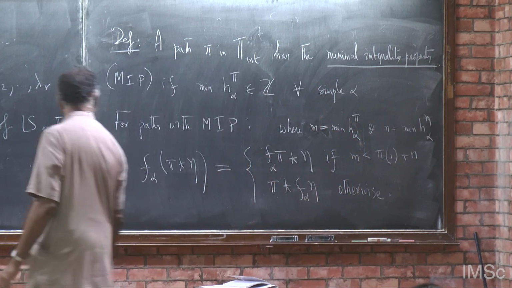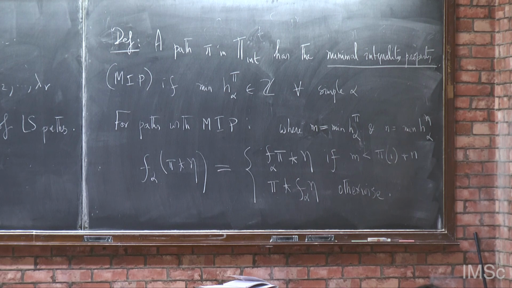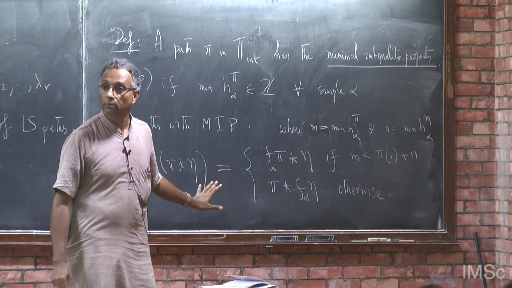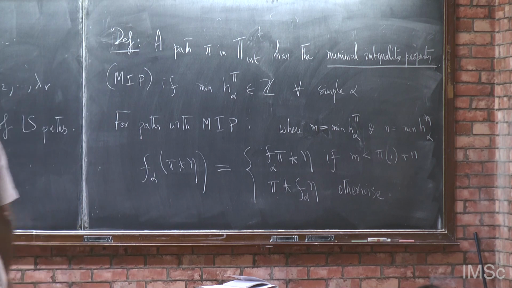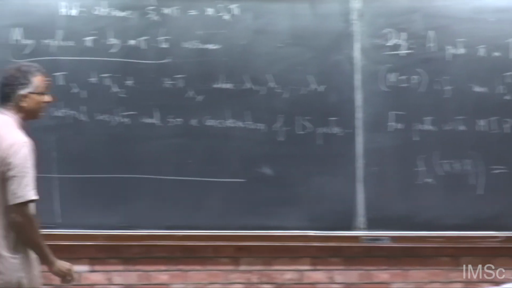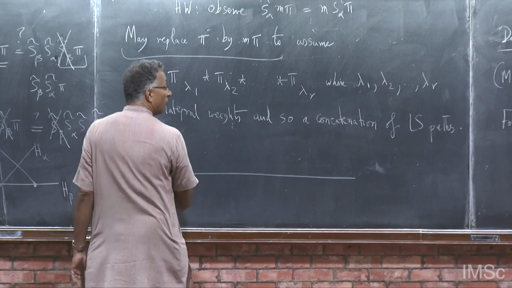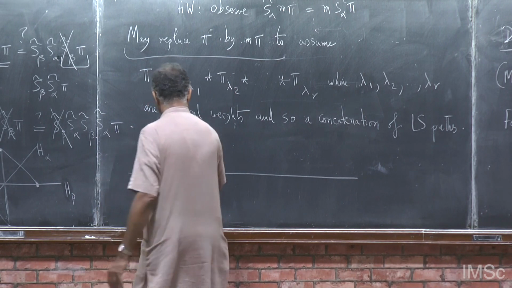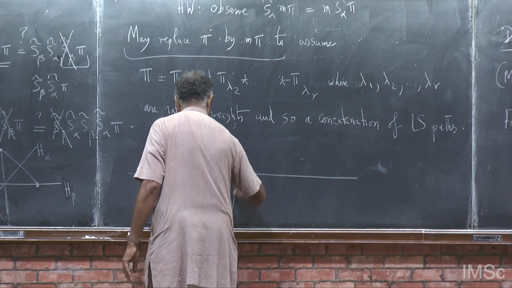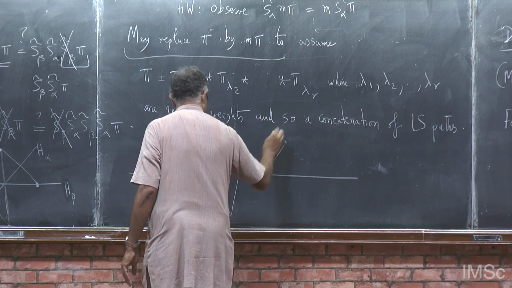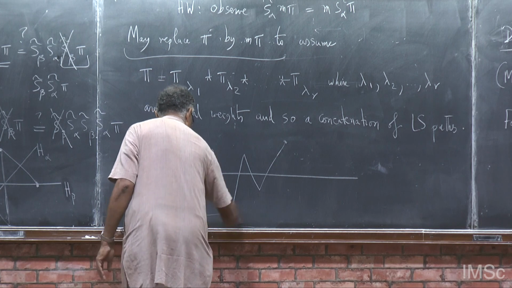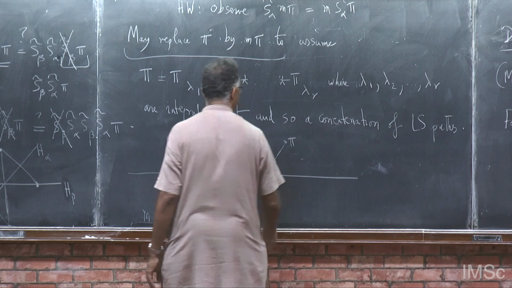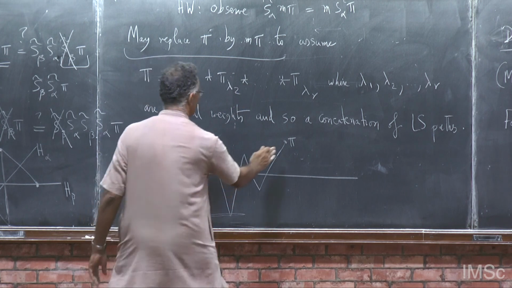Let us draw the picture. Is the statement clear, first of all? So I have pi, and m is the minimum. So that is pi, this is m, and this part is pi.